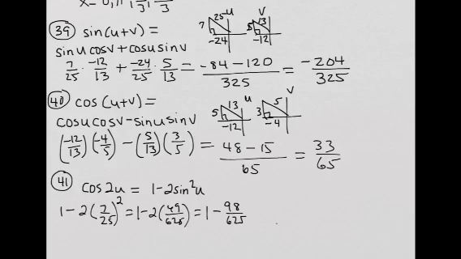And then when you simplify that, you could just put it in the calculator or write it as 625 over 625. That's your 1 minus 98 over 625. So when you take the difference, you get 527 over 625.